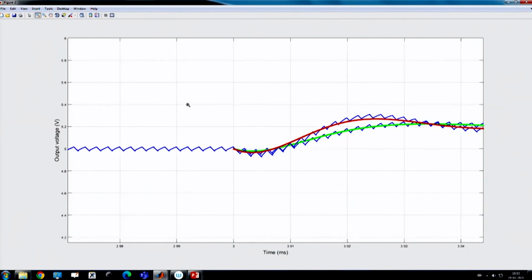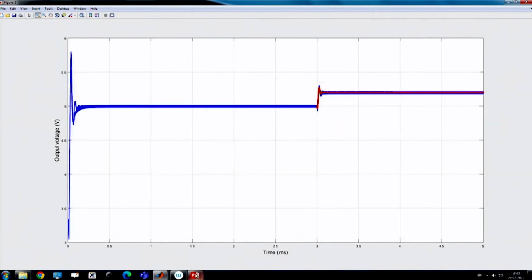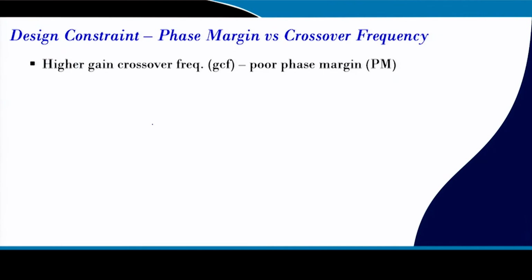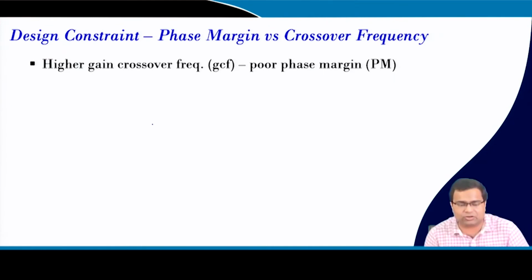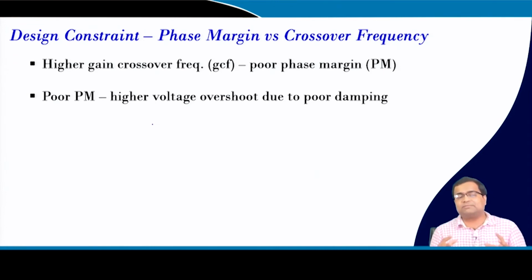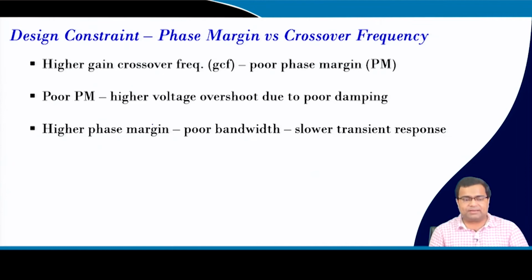So there is a trade-off: if you want to achieve a higher gain crossover frequency, you get poor phase margin. Poor phase margin will lead to higher voltage overshoot because of poor damping. And if you set a high phase margin because you want to reduce the overshoot, it will lead to poor bandwidth and a slow transient response.